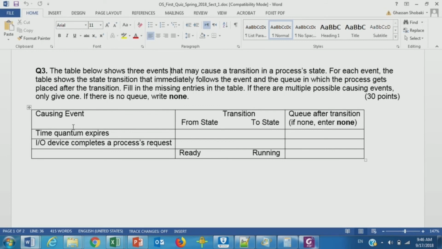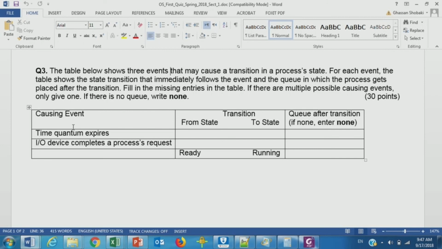Time quantum expires. When the time quantum expires, the state changes from running to ready, and the queue in this case will be the ready queue. When an I/O device completes a process's request, we transition from waiting to ready, and the queue again will be the ready queue. Now, what's the event that will cause transition from ready to running?